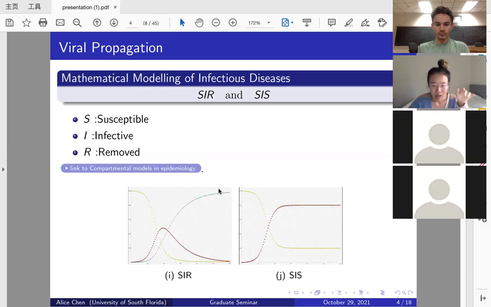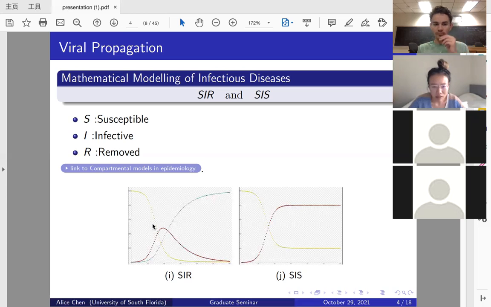Okay, so I'll show you a graph here. The variables S, I, and R represent the numbers of people in each state with respect to time t, as the model is dynamic.